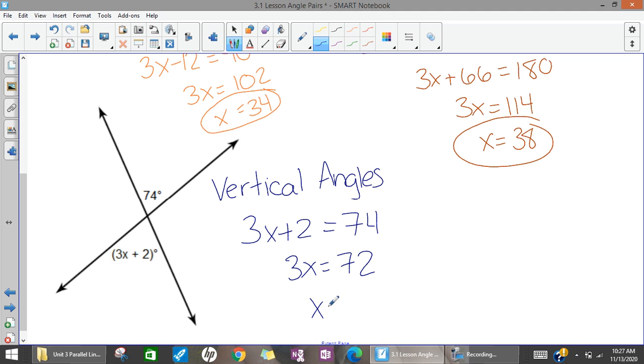And then I can divide by 3 and get x to be 24. So again, establish the angle relationship. Use how they're related to write an equation. They're equal, so I'm going to say that 3x plus 2 is equal to 74. And then I can just solve for x.